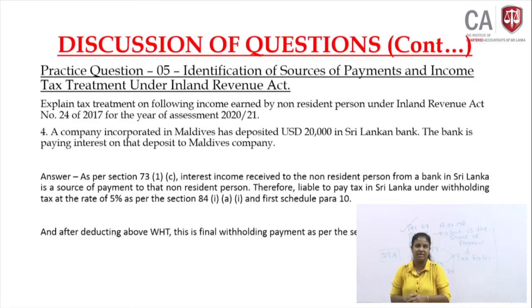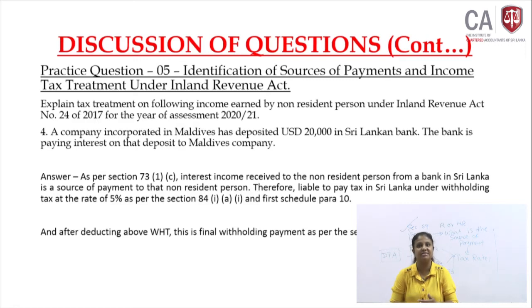Non-resident company. That's the first thing you have to think. Secondly, deposited $20,000 in a Sri Lankan bank. Now you have to think, okay, by depositing in a bank, what is that non-resident person receiving?